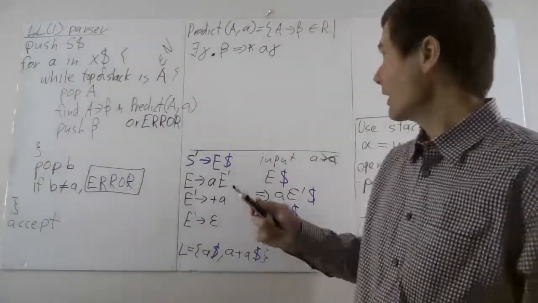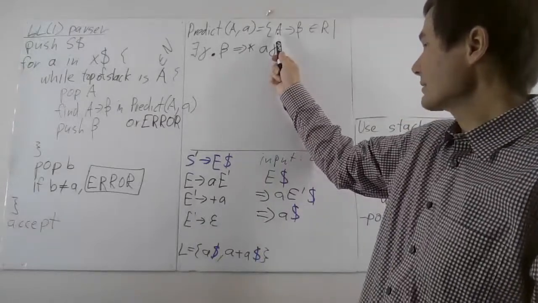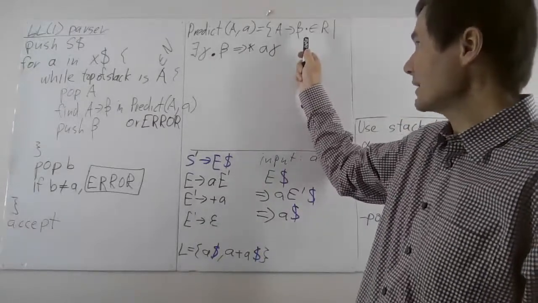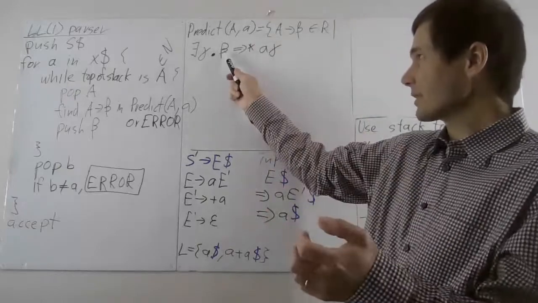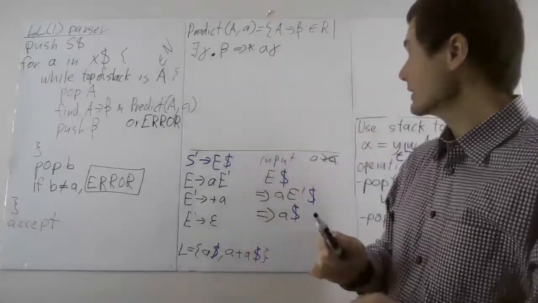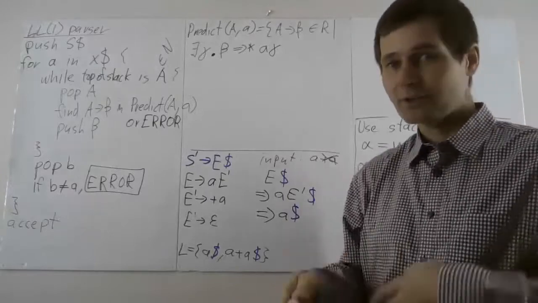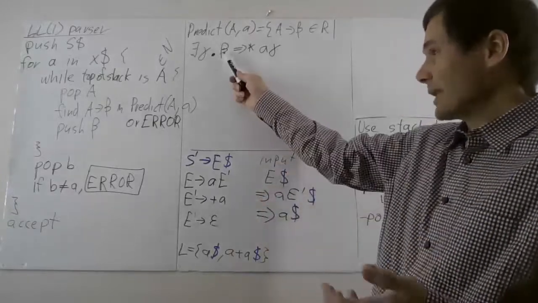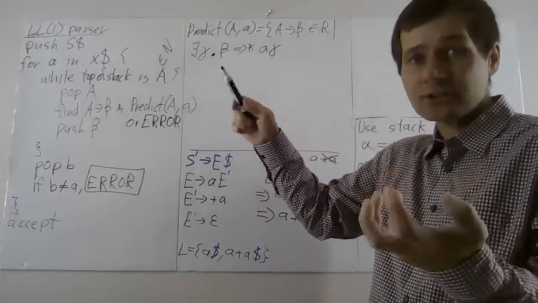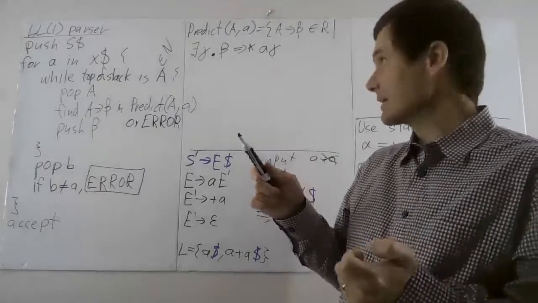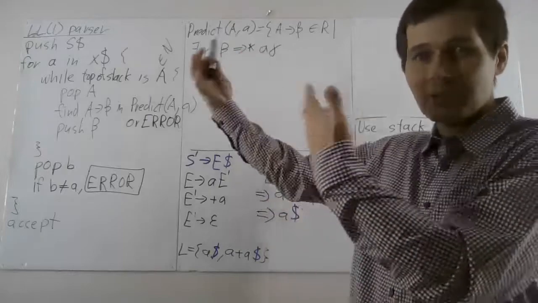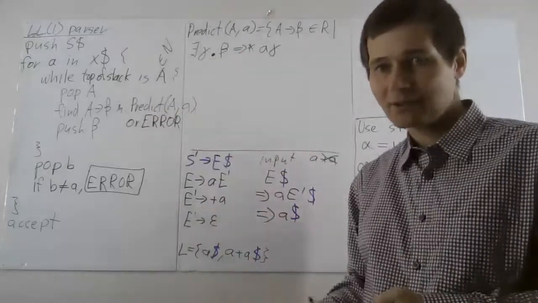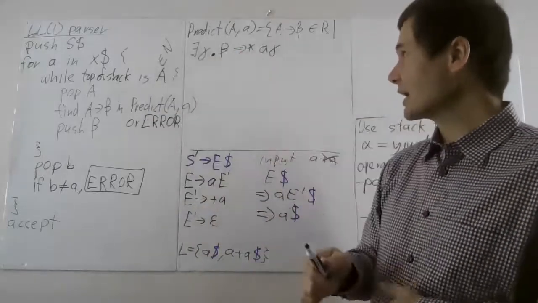It's a good idea to replace A with beta if it's possible, starting from beta, to derive something that starts with A. The common case is when beta itself does start with A. In that case, beta equals A gamma, where there is some other gamma that you can put after A.